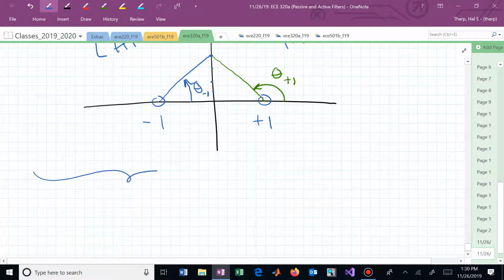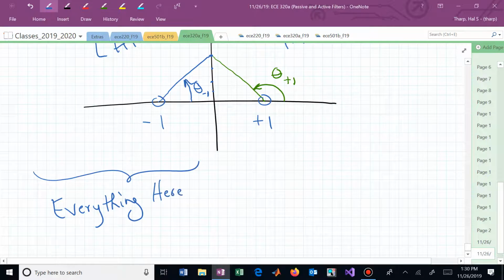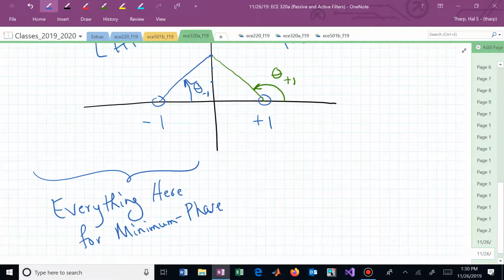And we need everything here to provide us with a minimum phase system. Questions on that?